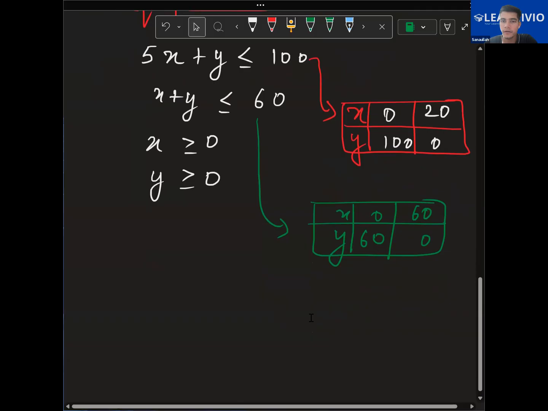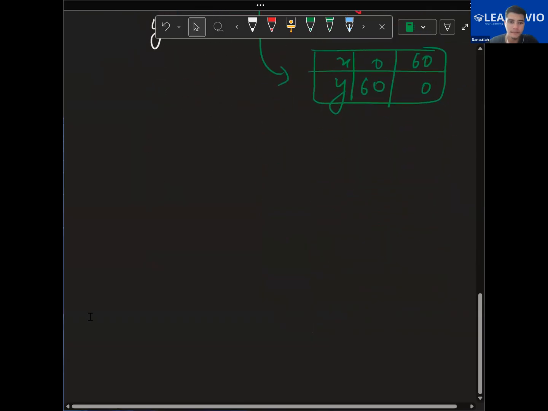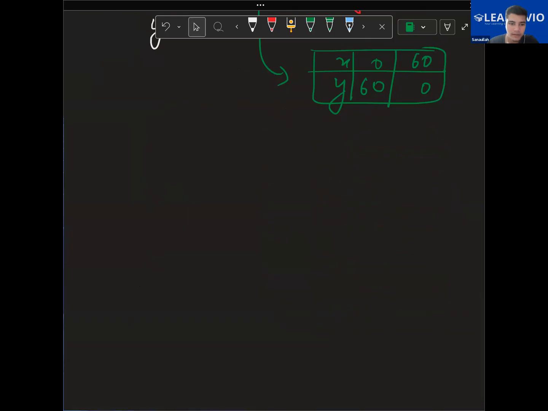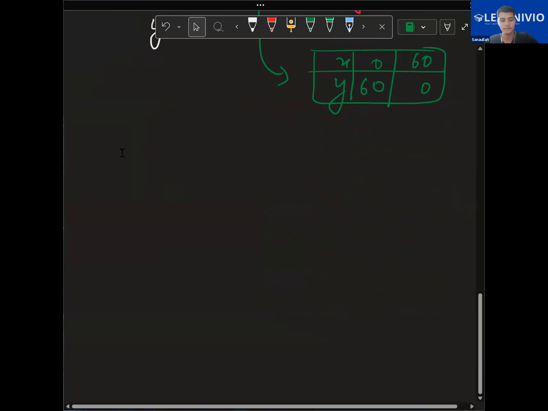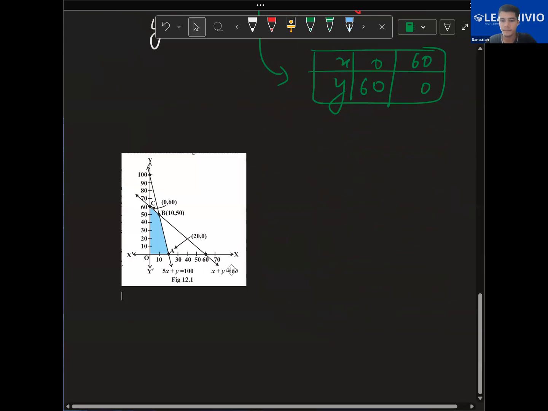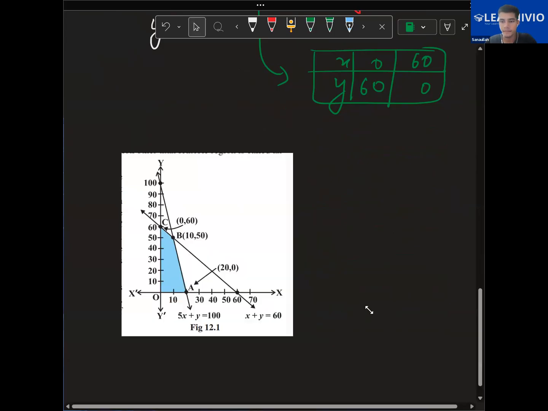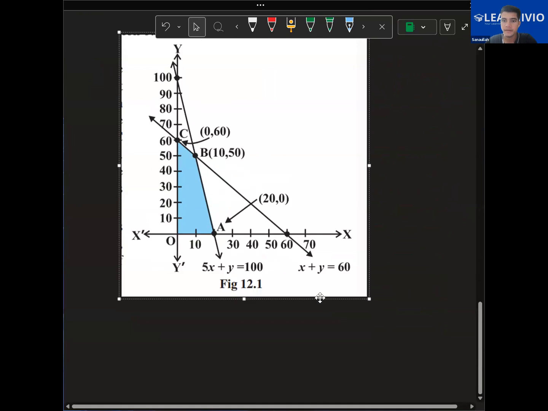So now we will do it on the graph paper, right? See, the graph is already plotted in the book. I will directly take that graph from the book for better understanding. See, this is a graph.